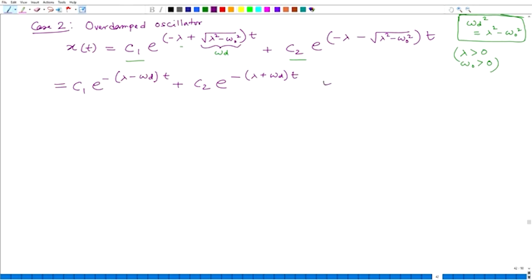This is my displacement. Now, what will be x dot, or the speed?